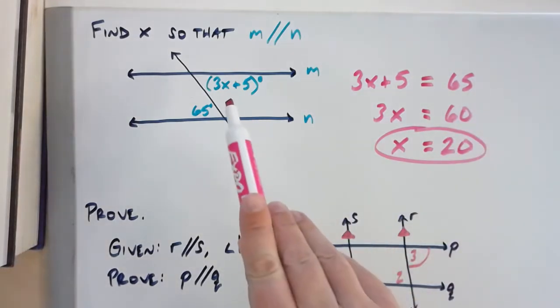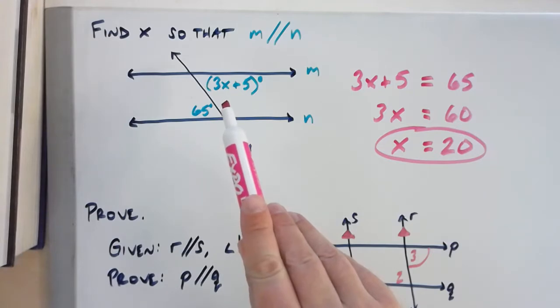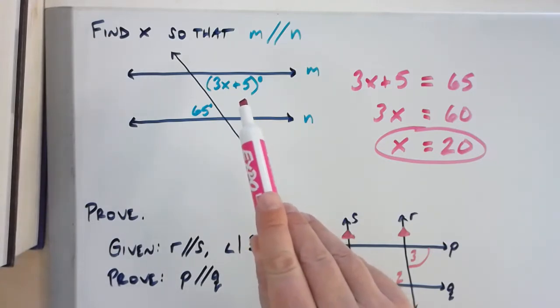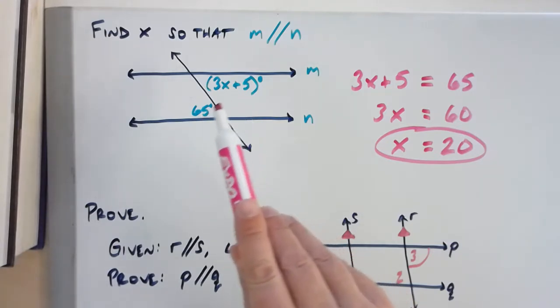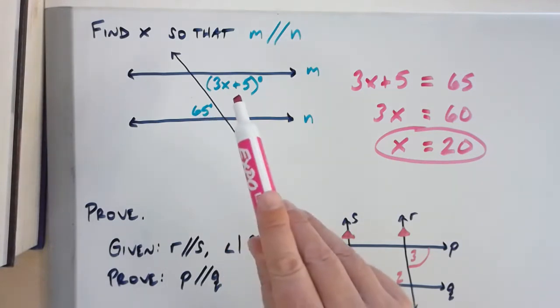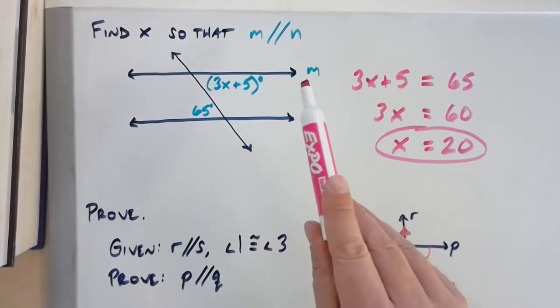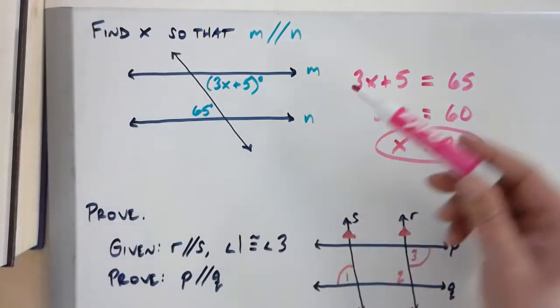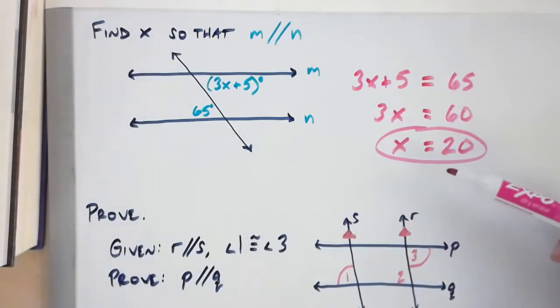If I were to plug in 20 for x, 3 times 20 is 60, 60 plus 5 is 65, 65 degrees and the 65 degrees match, which would mean alternate interior angles were congruent, which forces these 2 lines to be parallel.